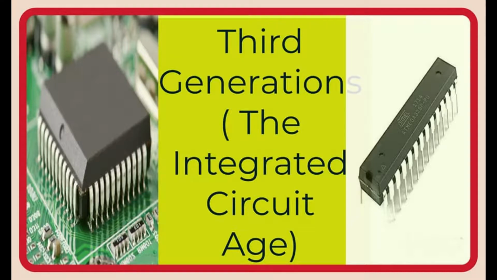Semiconductor memories made this generation of computers distinct from those of the previous generation. Small-scale integrated circuits and large-scale integrated circuits replaced transistors, and semiconductor memory became the primary storage medium. Examples of third generation: IBM System 360, IBM 370 series.